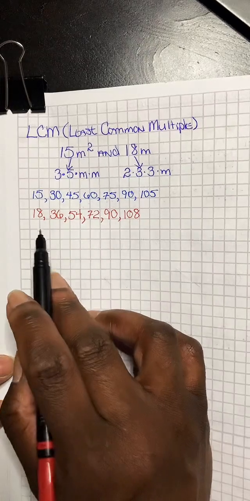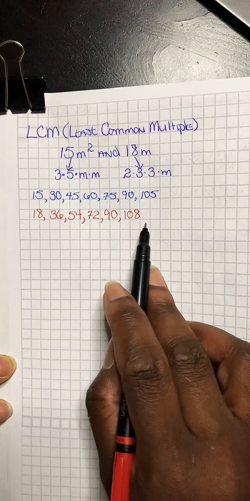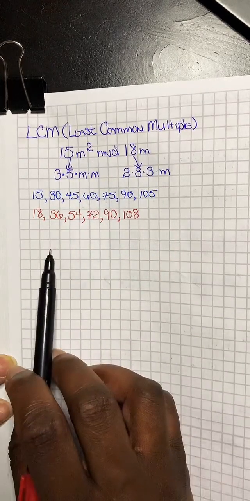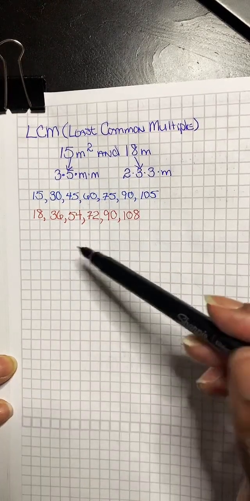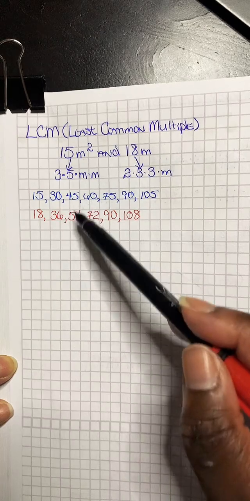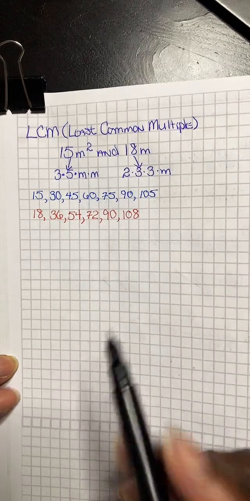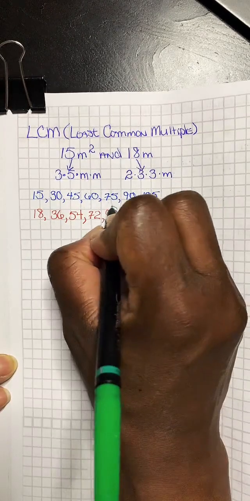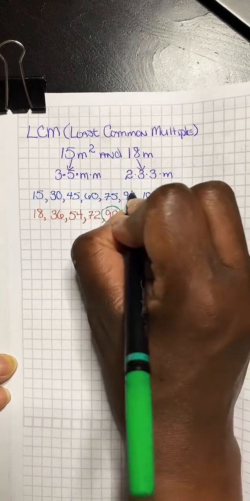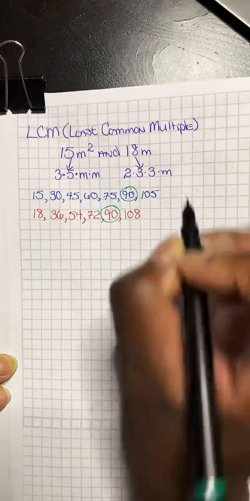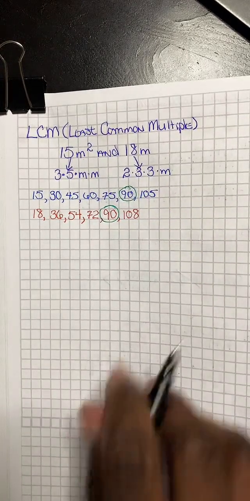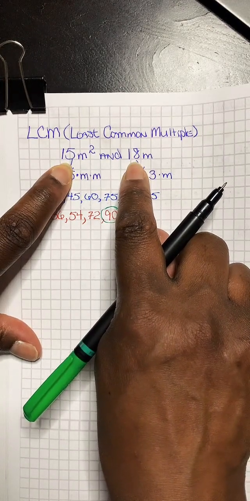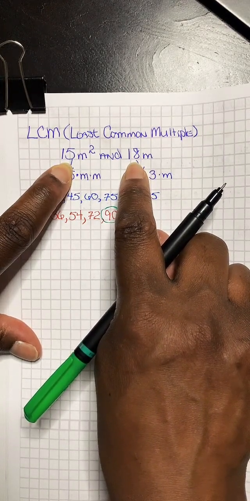So now, since we got all these numbers, we want to get the least common multiple, right? So if I look, the first number that comes along is going to be our 90. I know that 15 and 18, the greatest common factor is going to be 3.